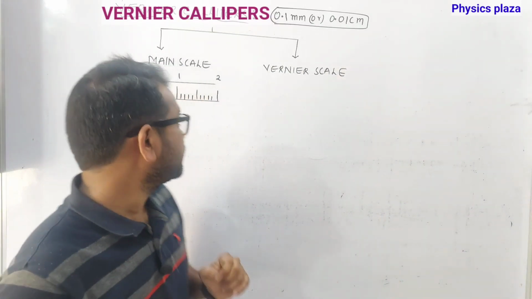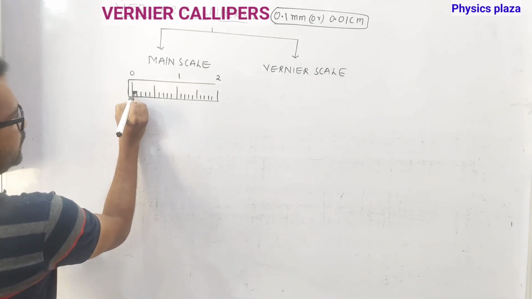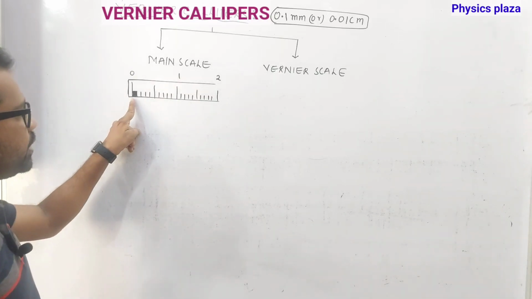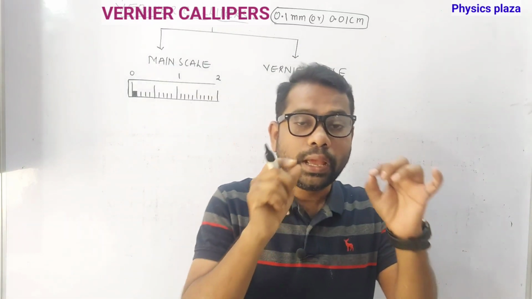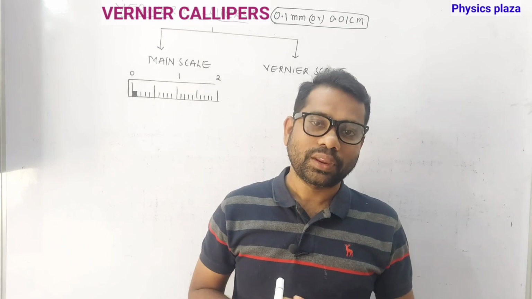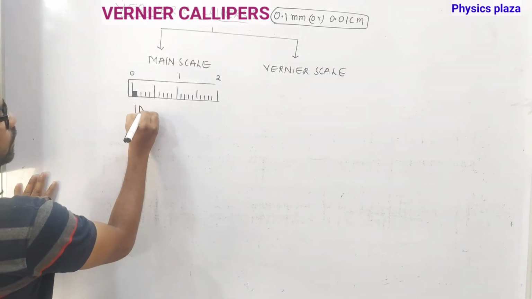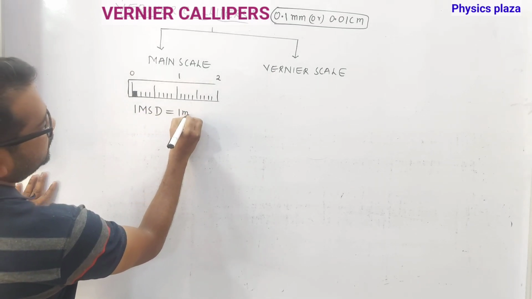Now children, it's a very important thing. If you can see, I am highlighting the distance between these two lines. We know that this is 1 millimeter. This we are going to call 1 MSD, that is, main scale division. So, children, 1 main scale division is equal to 1 millimeter.